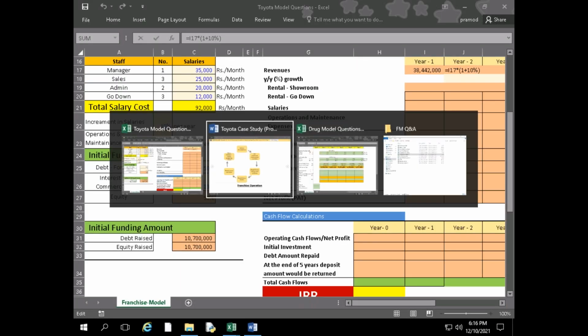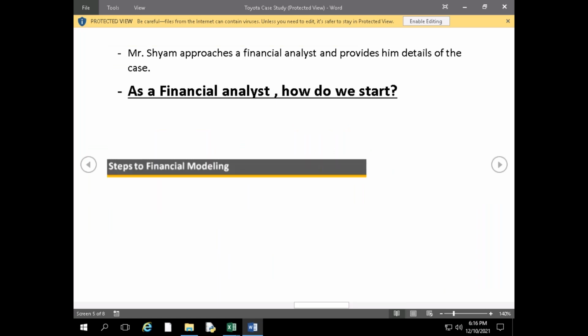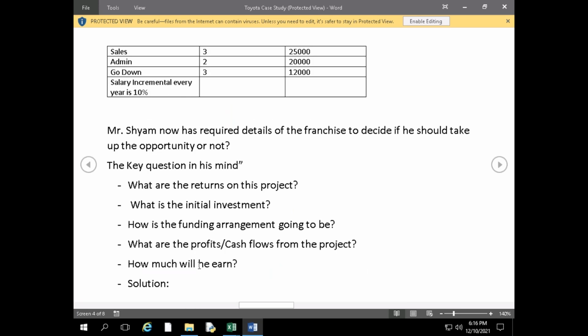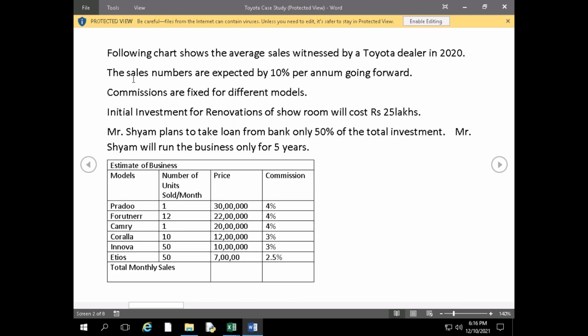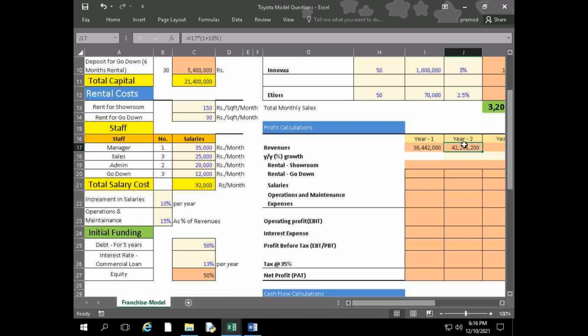So wait. In the beginning the sales numbers are expected to grow by 10% annually going forward. So this amount, 4 crore 22 lakh 86,200. Yes, sir. Correct.